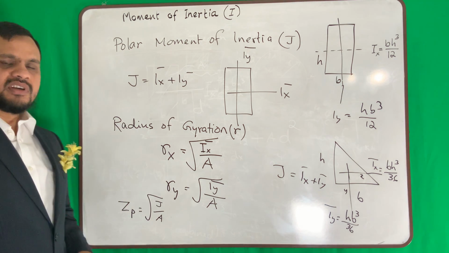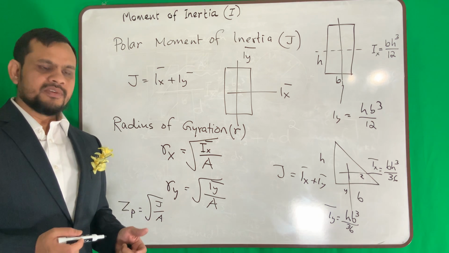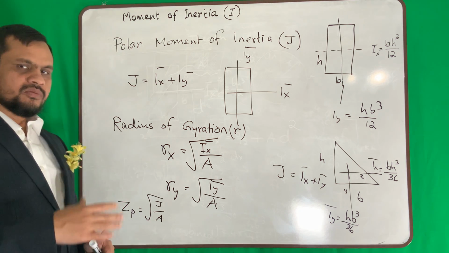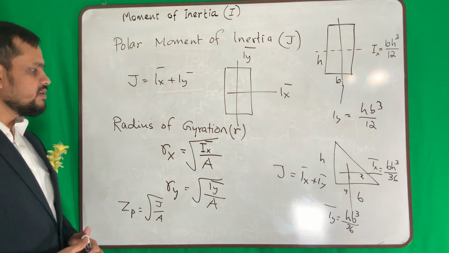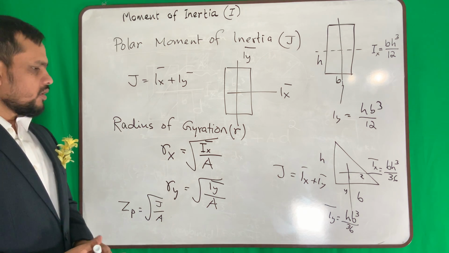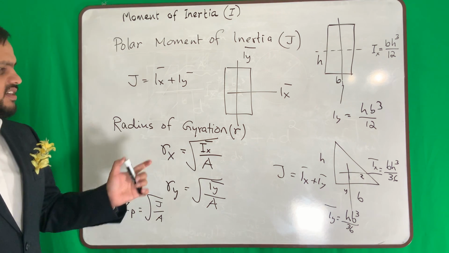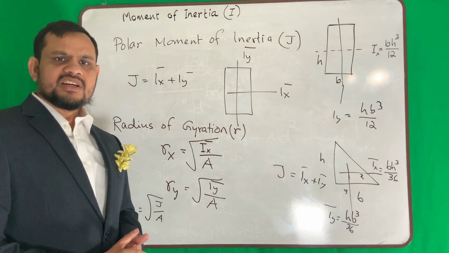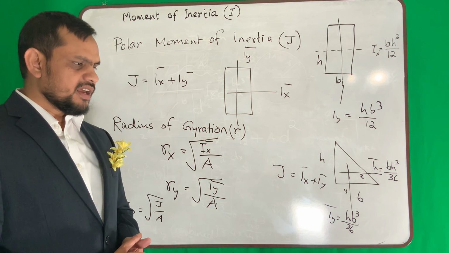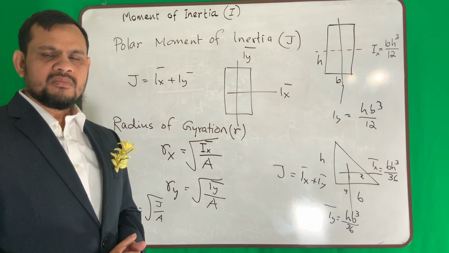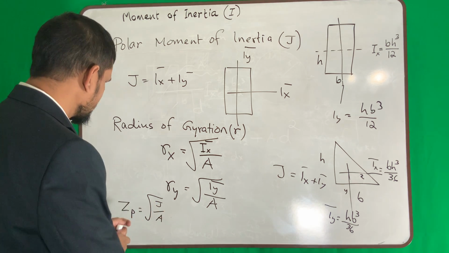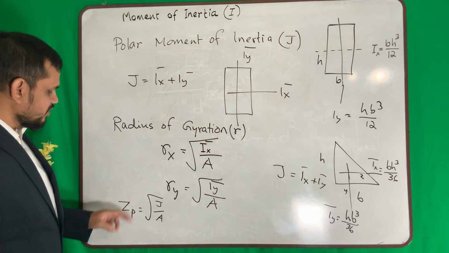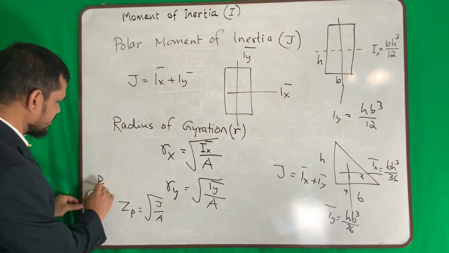These symbols are not universal, so they might change from book to book. So make sure that you know this. These are most of the parameters we need. Sometimes we use section modulus. Okay, let me check what your book uses for polar radius of gyration.